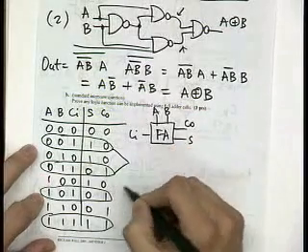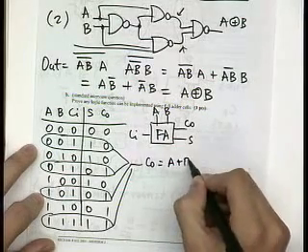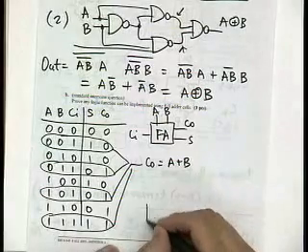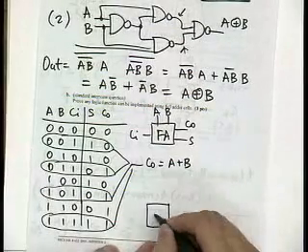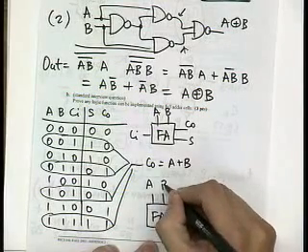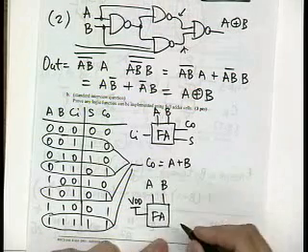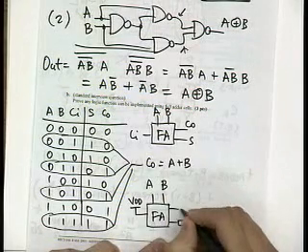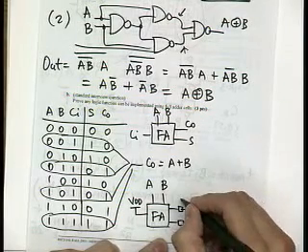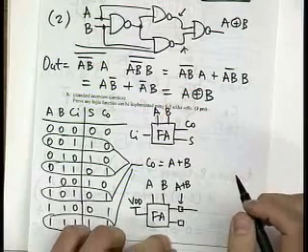So for this type of case carry out is equal to A or B. So if you do this, then in the first stage you have a full adder with A and B, and you have this at VDD, then this is your sum bit, this is your carry out. So you know that at this position you have A plus B.